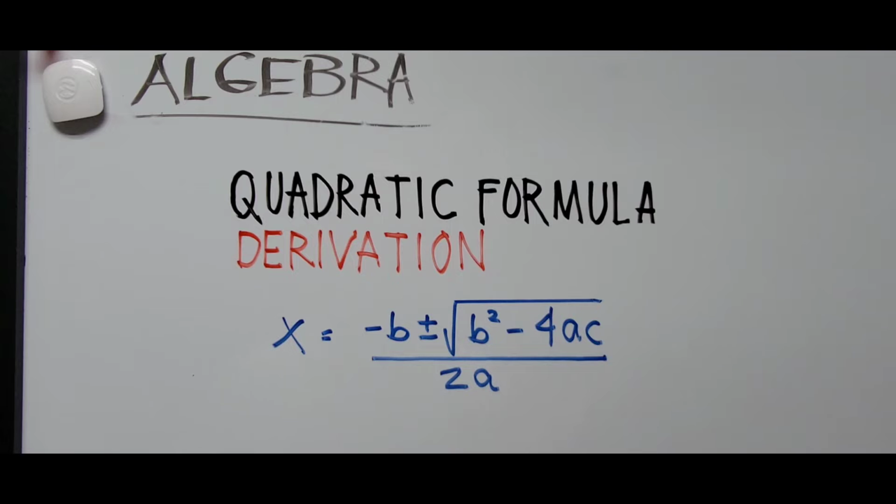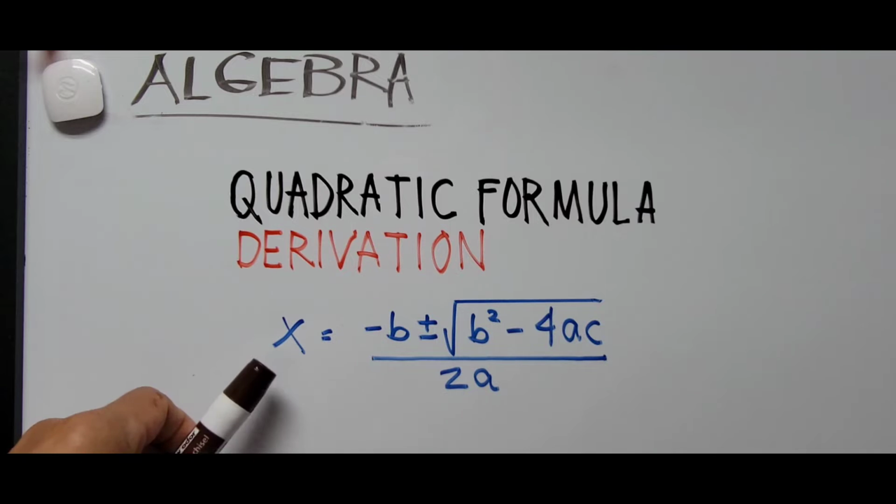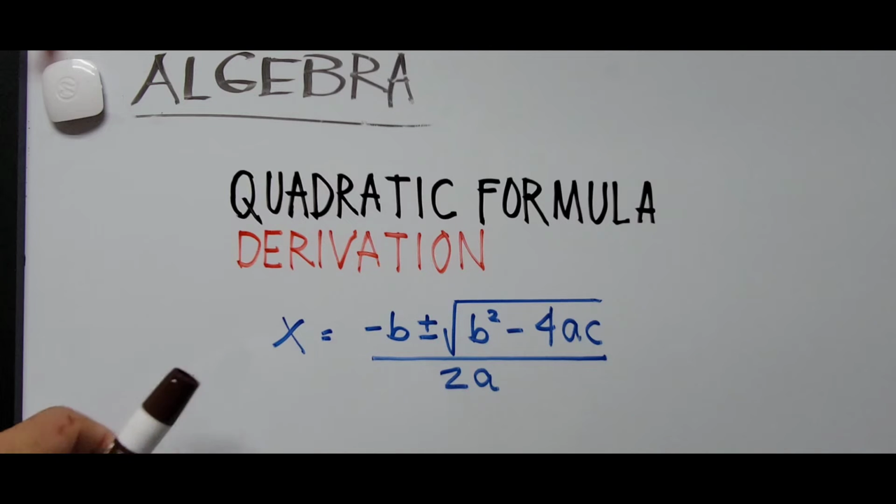Before we begin, what is the meaning of the quadratic formula? So we get to define the quadratic formula. The definition, or my own definition, or everybody's definition should run this way. A quadratic formula is a formula for solving the value of the variable, in this case x, in a quadratic equation.